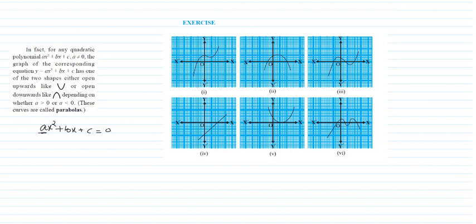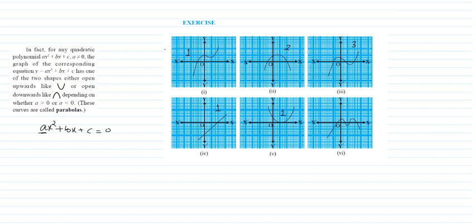So the first graph is cutting the x-axis at 1 point, so it will have only 1 zero. The second one is cutting the x-axis at 2 points, it will have 2 zeros. Here it is cutting the x-axis at 3 points, so it will have 3 zeros. Here again it is cutting at 1 point, so it will have 1 zero. Here it is touching the x-axis again at 1 point, so 1 zero.